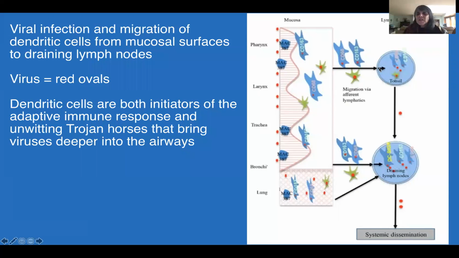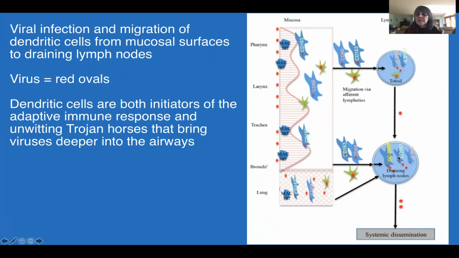Yeah. So thank you, Kitty, for that question, because I think that I didn't state clearly what I meant. I was kind of sloppy with my language. So the dendritic cells take the virus into the tonsils and into the adenoids and the other lymphoid tissue that's in your throat.